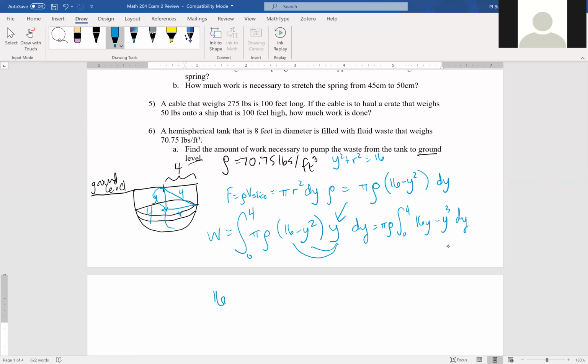So this would be 16y squared over 2 minus y to the fourth over 4. And of course, there's a pi rho out here, 0 to 4. This would reduce down to an 8.